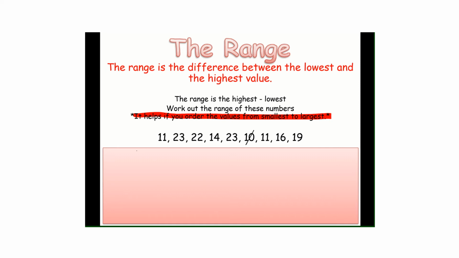So the smallest one is 10, then 11, and then another 11, then 14, 16, 19, 22, 23 and 23, and you can see that I crossed them out as I went to try and make sure I didn't miss one out.